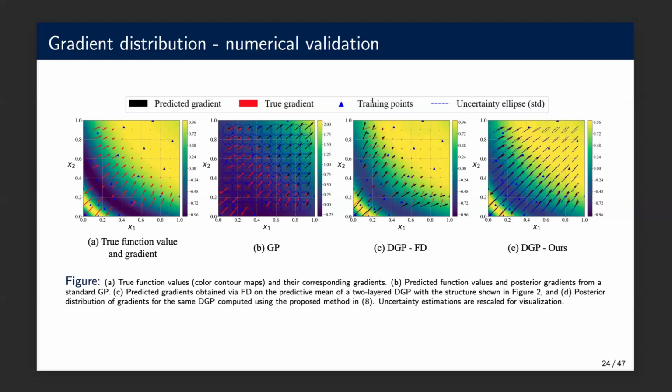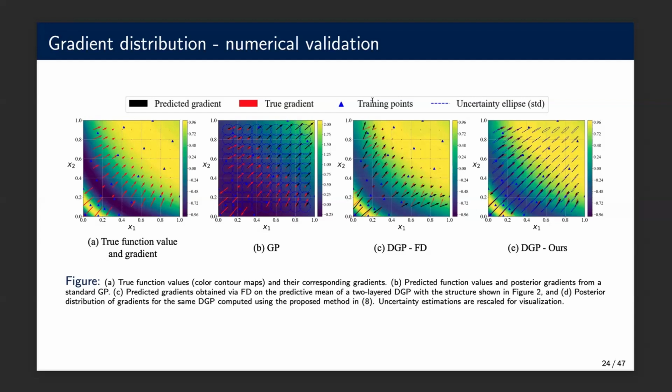You can see it performs very badly on the function value itself, and the gradient is definitely also not what we expected. And the uncertainty ellipse is represented by the blue dashed curve.